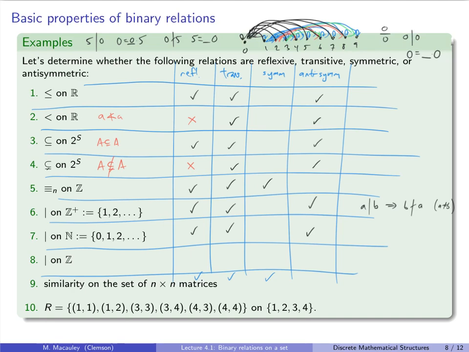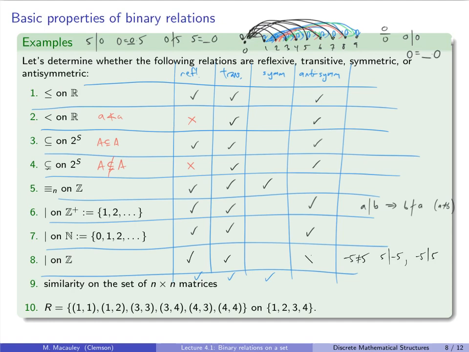However, on the integers, we're going to lose one of these. Do you see which one? Well, it's still reflexive because everything divides itself. We still have transitivity, but we don't have antisymmetry because negative 5 is not equal to 5, but we have 5 divides negative 5, and negative 5 divides 5.